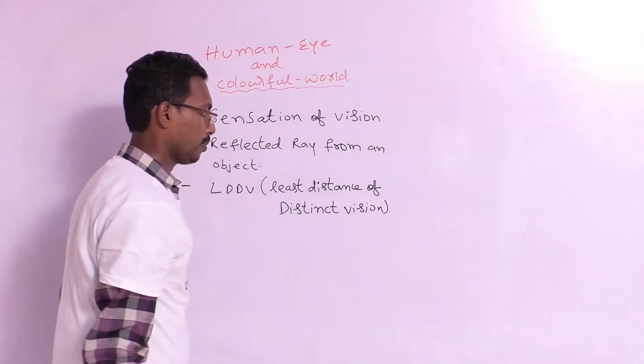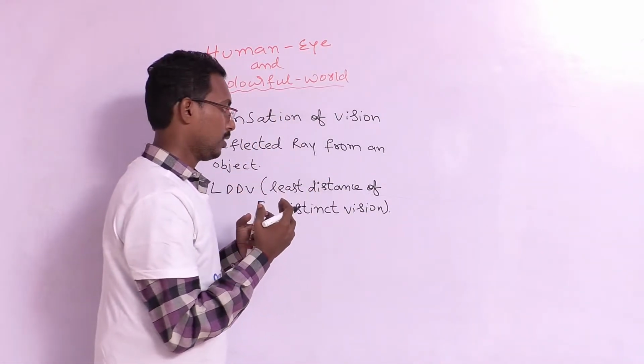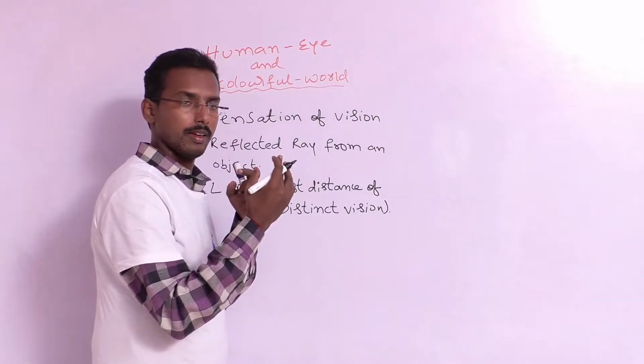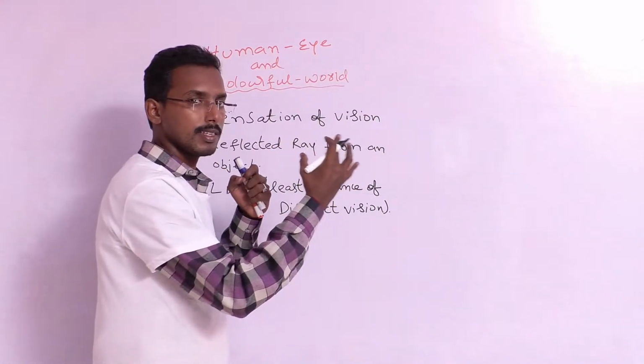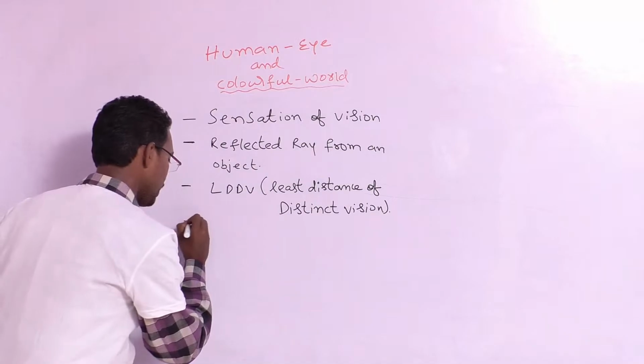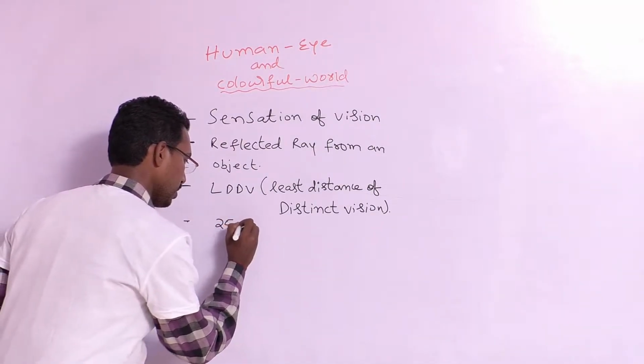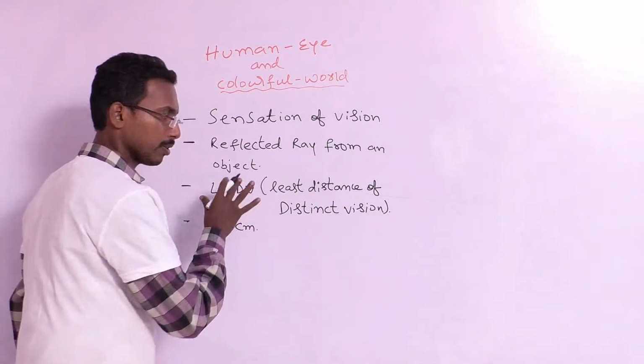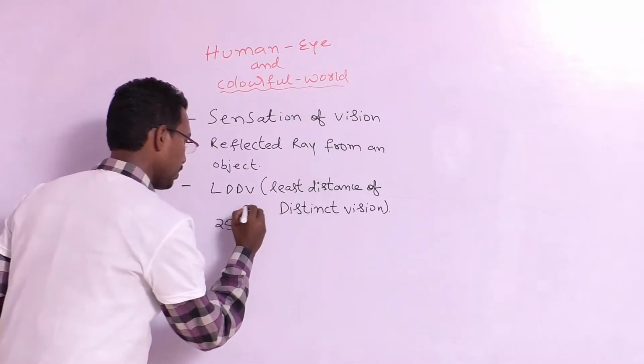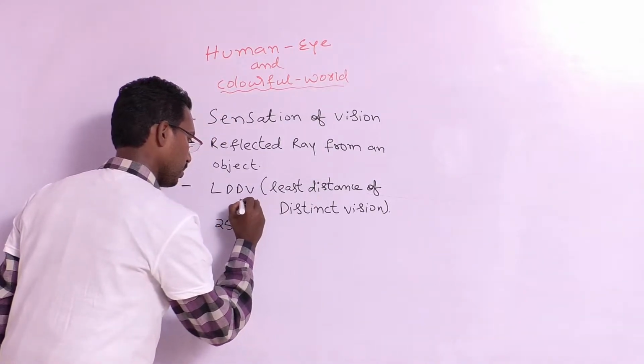It is an important topic. It is the minimum distance at which a healthy human eye can clearly see an object, and the value is given as 25 centimeters. We will deal with this topic. It is represented by the symbol capital D.